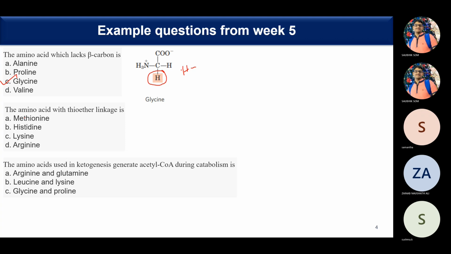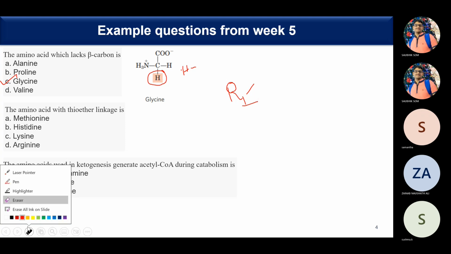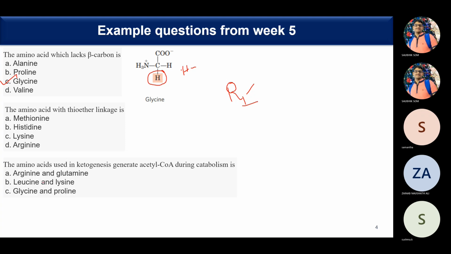The amino acid with a thioether linkage. Now, what is an ether linkage? The ether linkage is basically this: R1, then O, then R2.